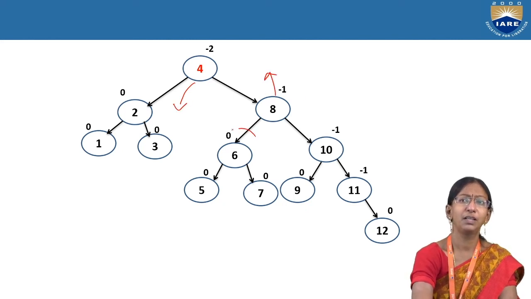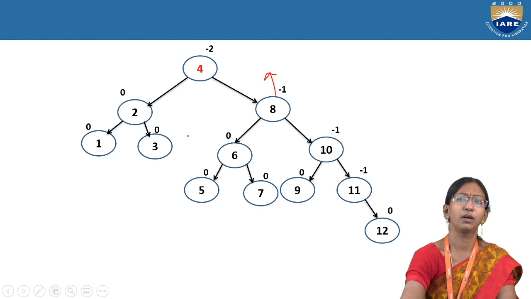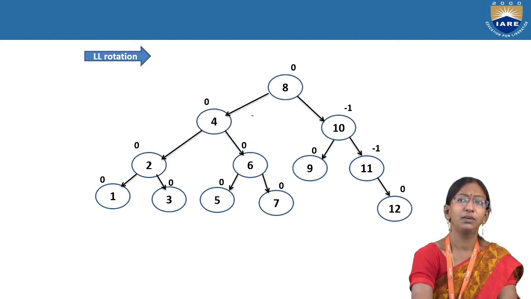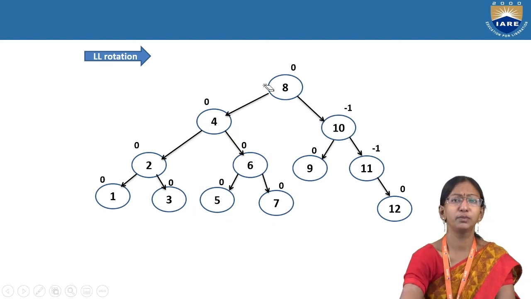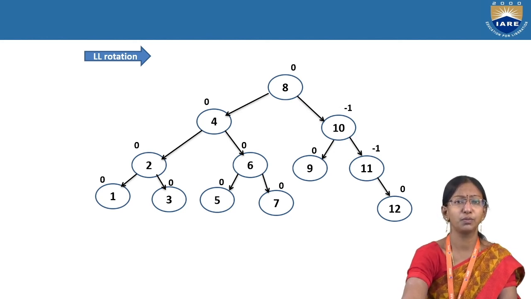Whatever the left of 8 is will become the right of 4. Have a look at this one. As I said, whatever the left of 8 was will become the right of 4. Again, calculate the balance factors. You can see it is balanced. So this is an AVL tree which was constructed for numbers 1 to 12.